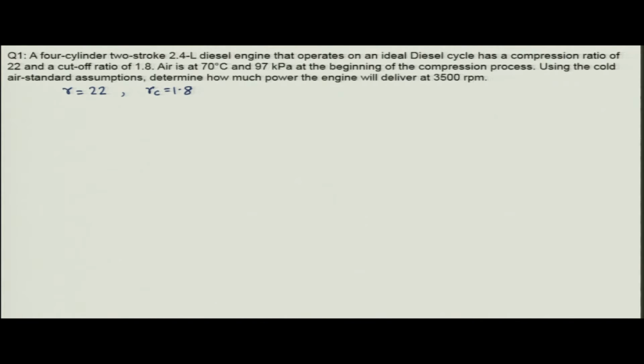We would like to look into the cycle first, so we will draw the PV diagram of this diesel cycle. As you are all familiar, in the diesel cycle we have an isentropic compression process from 1 to 2, then a constant pressure heat addition from 2 to 3, then an isentropic expansion process from 3 to 4, and 4 to 1 is a constant volume heat rejection process.